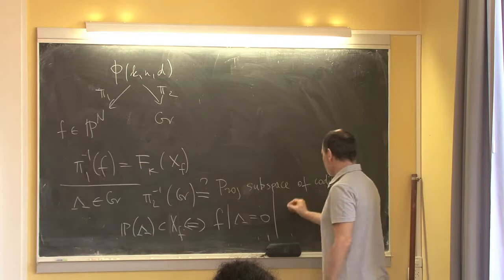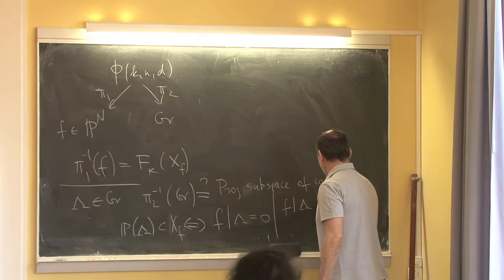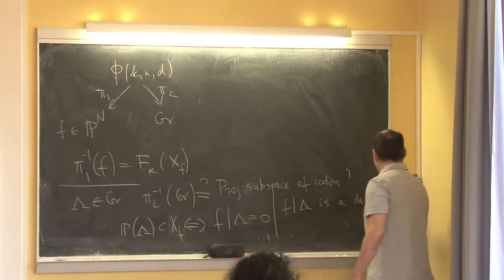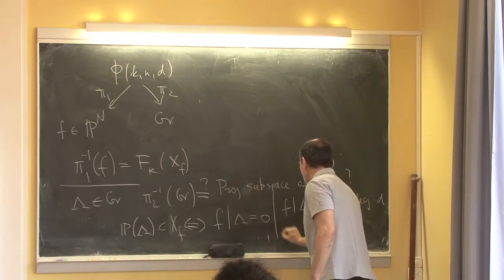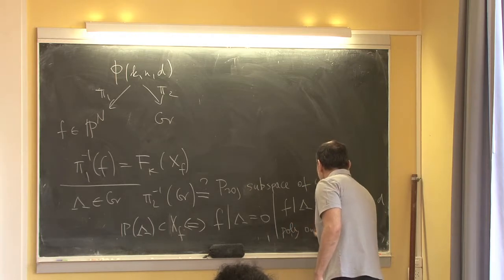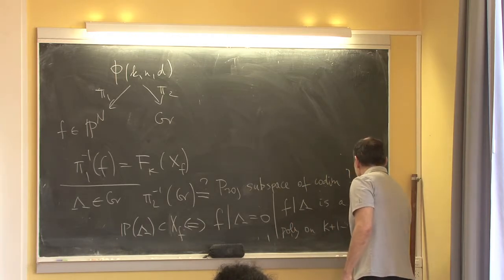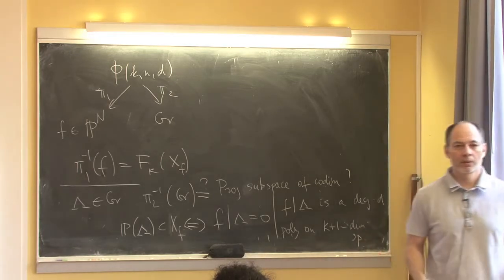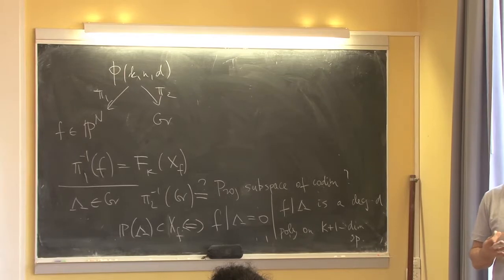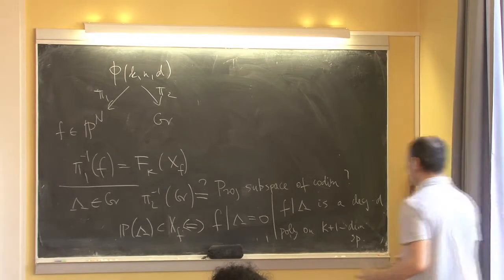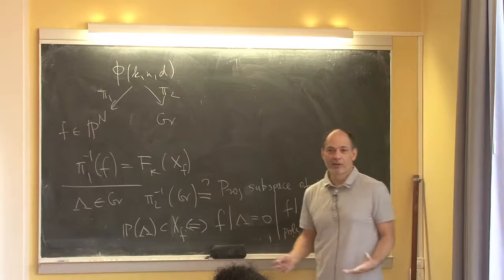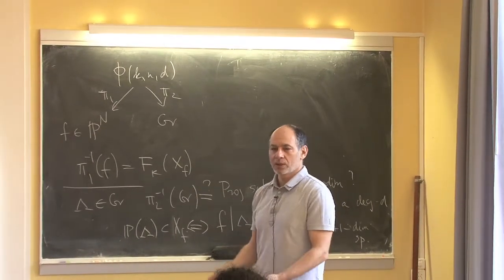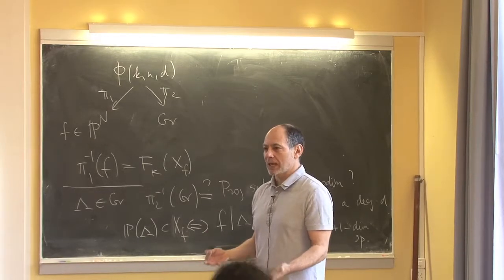So now what is this thing? It is a degree d homogeneous polynomial on a k plus 1 dimensional space. That's what happens when you restrict it, and the condition is that this should be 0. So how many conditions is that?